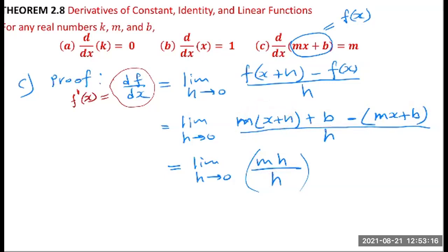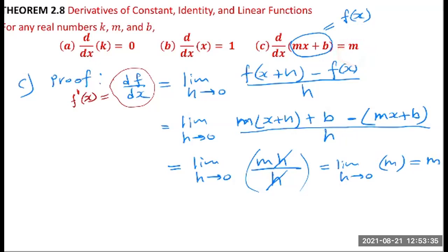Now, by the cancellation law, I can cancel this h and this h. So I get the limit as h approaches 0 of m. Notice that m is a constant, so the limit is m itself. That's what we wanted to prove.